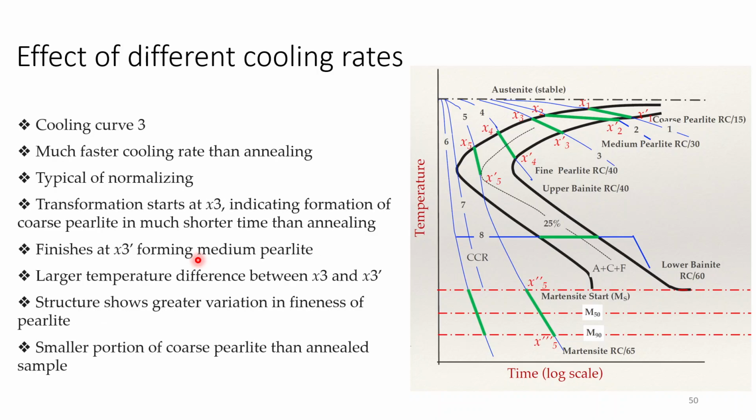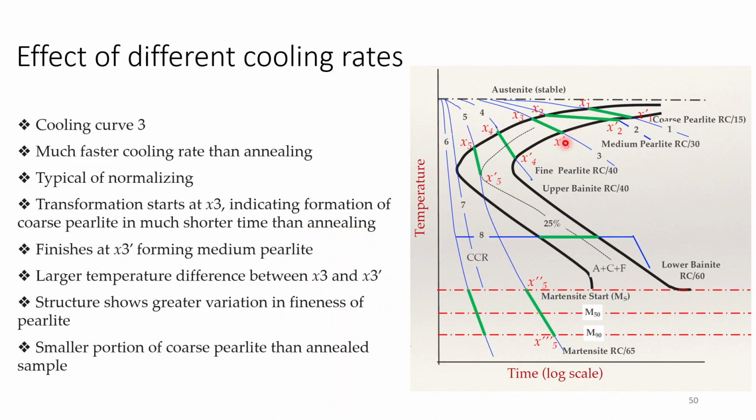Okay, then we have cooling curve 3. Here you have much faster cooling than annealing. Okay, so compared to previously, it is typical of normalizing. Here transformation starts at x3, indicating formation of coarse pearlite in much shorter time than annealing.